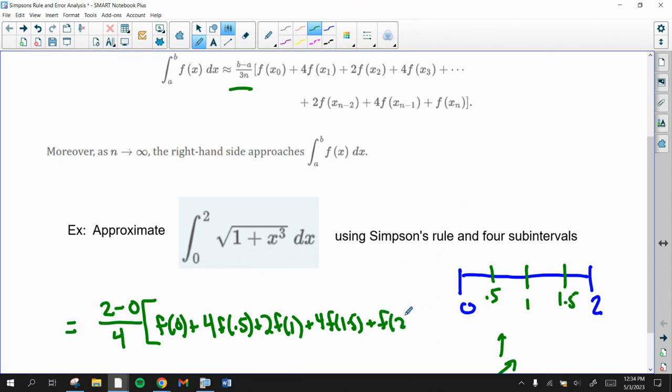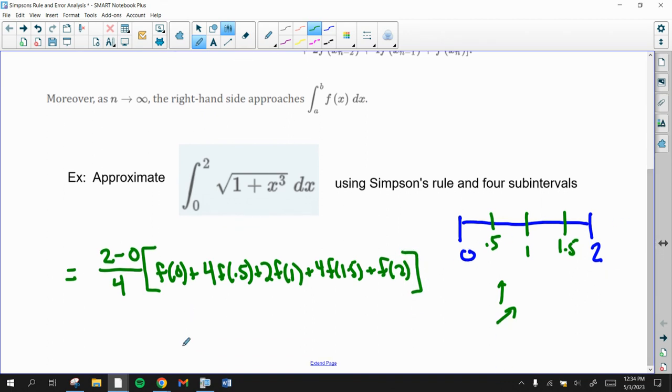So it's pretty easy. All we're going to do is plug in. This is 1/2. F of 0 is the square root of 1 plus 0. F of 0.5 is the square root of 1 plus 0.5 cubed.